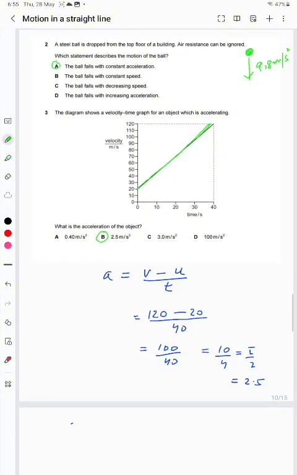You can use the formula again, v minus u over t. v is final velocity, which is 120, and initially, at the beginning of time, it is 20, u is 20, and time interval is 40. So plug all the values, you will get 2.5, which is option B.